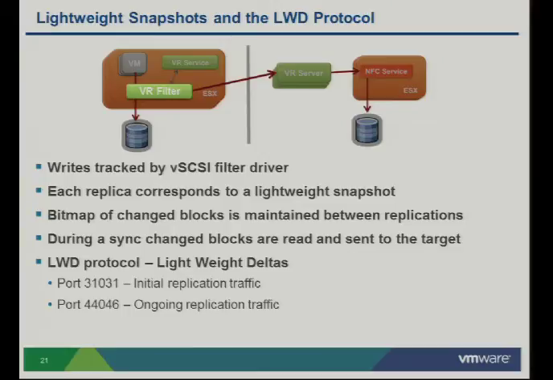The traffic goes from the filter to the vSphere appliance on the other side. This traffic is effectively just change blocks with some metadata associated with it. As I mentioned earlier, this traffic goes between two different ports for initial replication and for ongoing sync, so we can do different quality of service based on that.